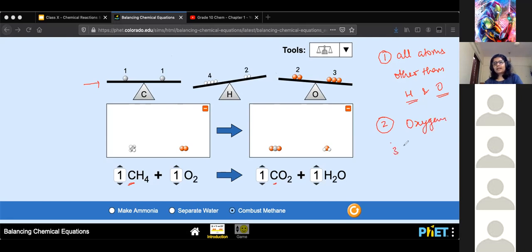And after that, look at hydrogen. After each step, sometimes it happens that ye to balance ho gaya, but to balance oxygen, you change some numbers and this falls out of balance. So with each step, you need to keep revisiting it. Whenever something goes out of balance, revisit it and ensure that thing gets balanced.